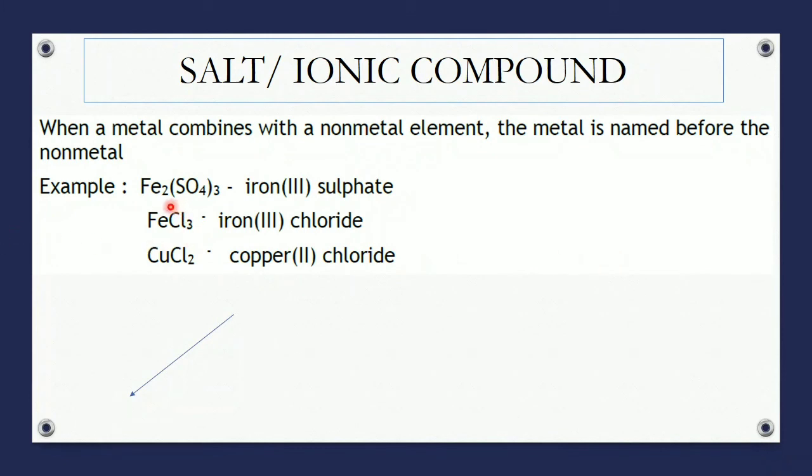For example, Fe2(SO4)3 is known as iron(III) sulfate, FeCl3 is known as iron(III) chloride, and CuCl2 is known as copper(II) chloride. These are metals from the transition elements, so they have more than one oxidation number. When we write the name of the salt, we must include the Roman numeral.